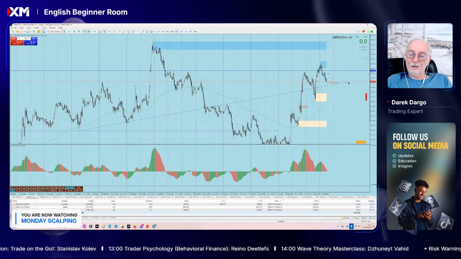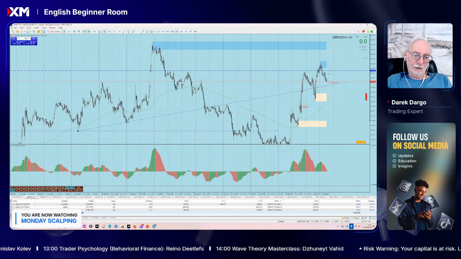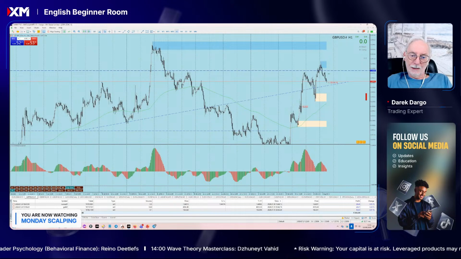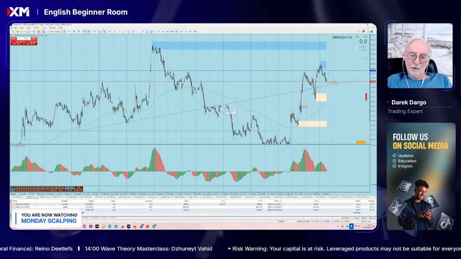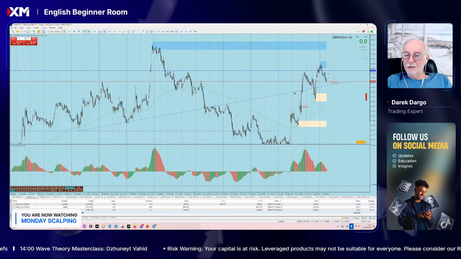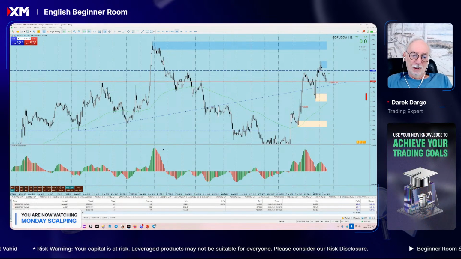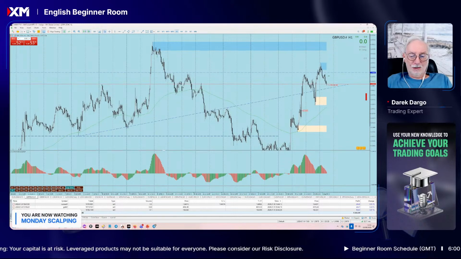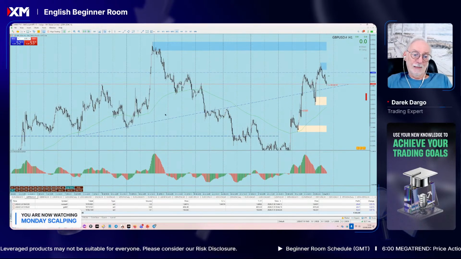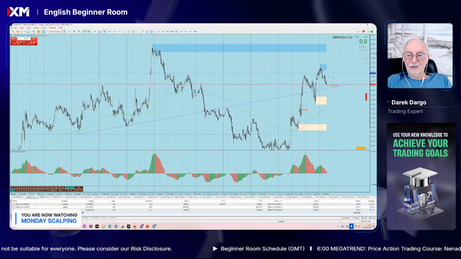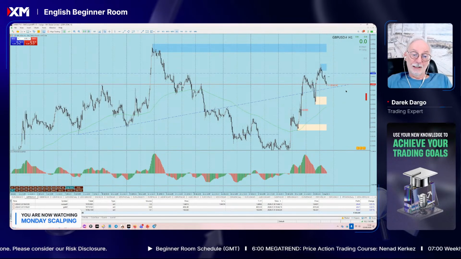So I think that we can draw it this way. It will be the best position here because we have many attempts to break it. Look how perfectly from the bottom, and then perfectly from the top. So I think that this position for the moving average is the most realistic, or reliable.